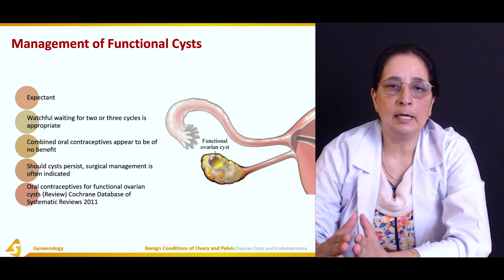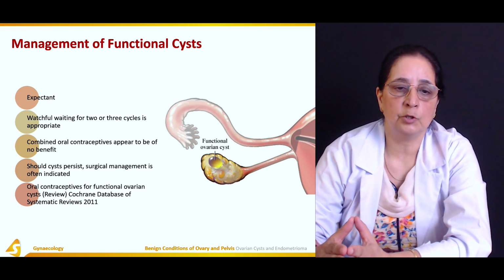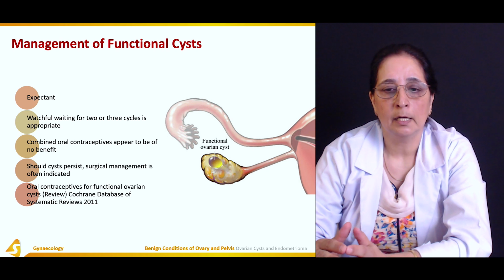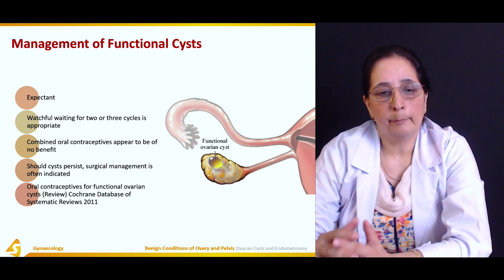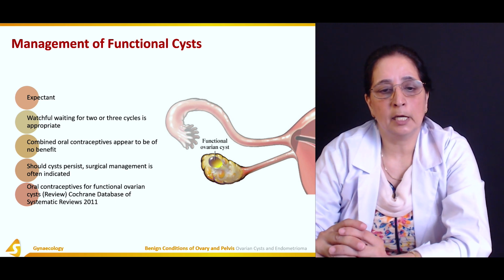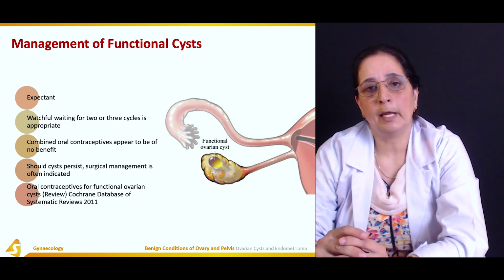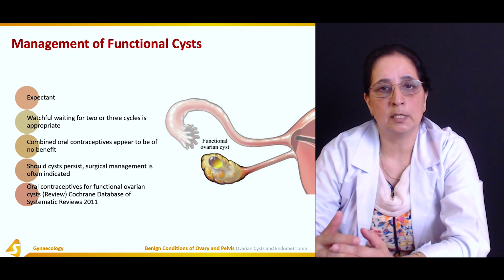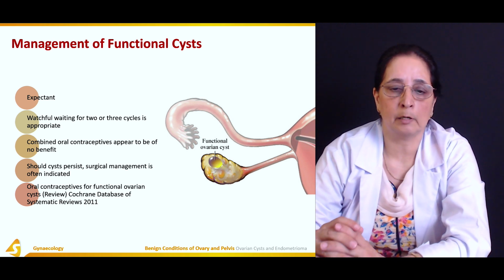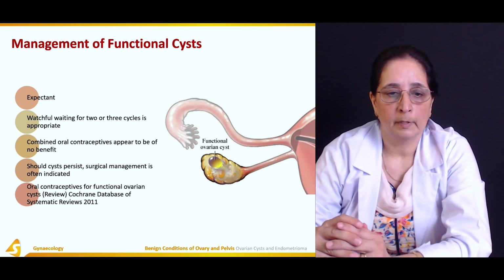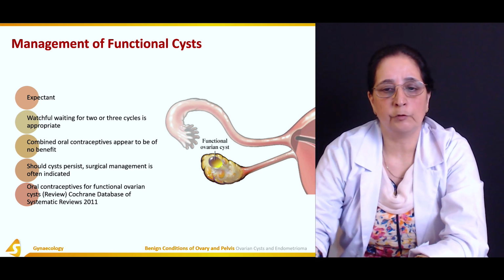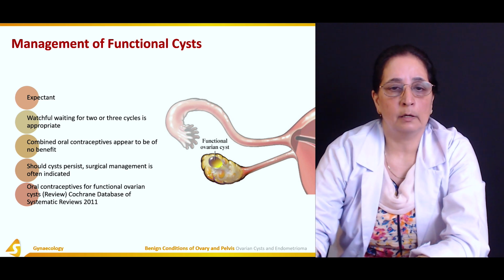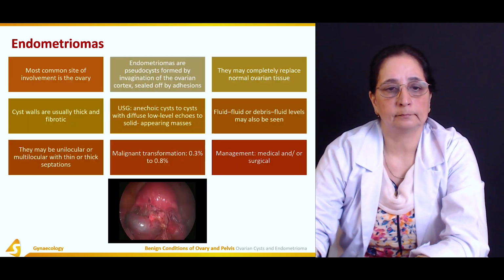But if they lead to some complications, usually treatment is recommended. Watchful waiting, combined oral contraceptives can be used. Surgical management is indicated if cysts persist and if there is a rupture or torsion. So all these can be used as a method of treatment for the functional cysts.